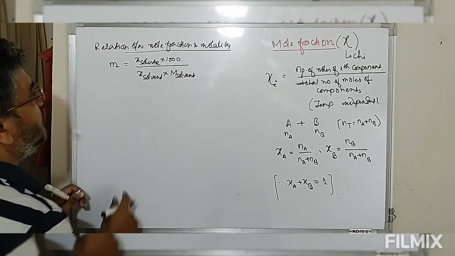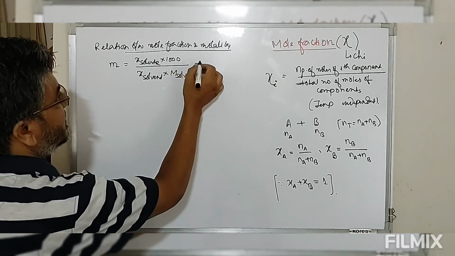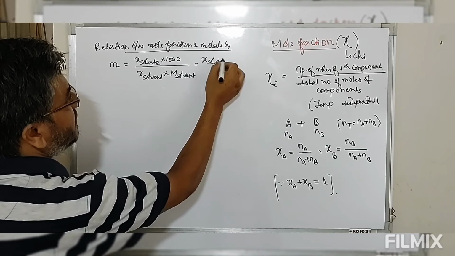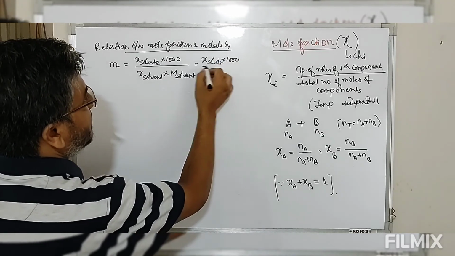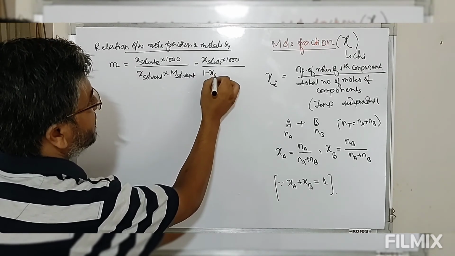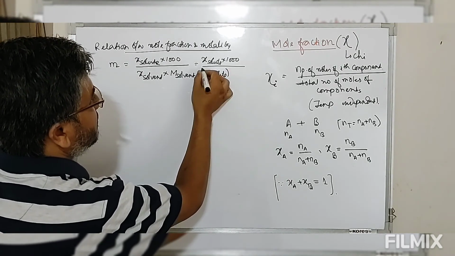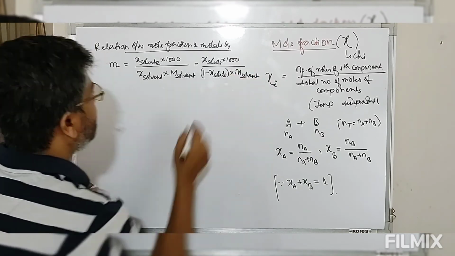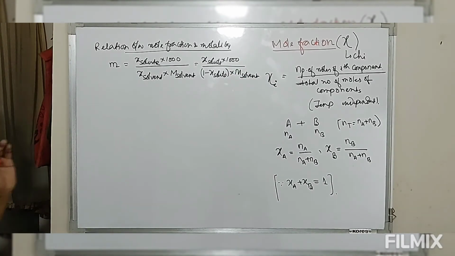Now we have a solute and solvent, so this can be written as mole fraction of solute into 1000 divided by 1 minus mole fraction of solute, into molar mass of solvent. This is the relation between mole fraction and molality.